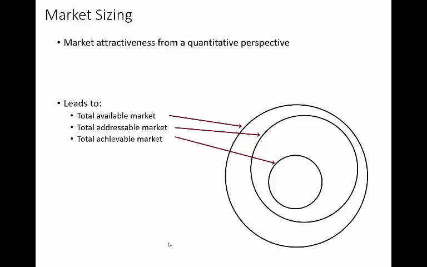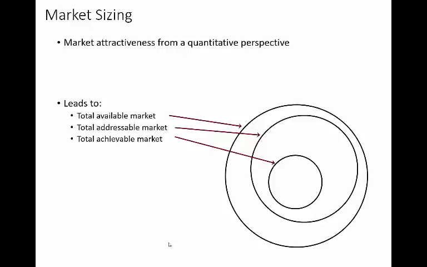The two keys that I want to focus on today for that are analyzing attractiveness from a qualitative perspective and from a quantitative perspective. The quantitative perspective means that we are going to assess market size. And to do this, there are 3 TAMs that we would apply. Those are the total available market, the total addressable market, and the total achievable market.